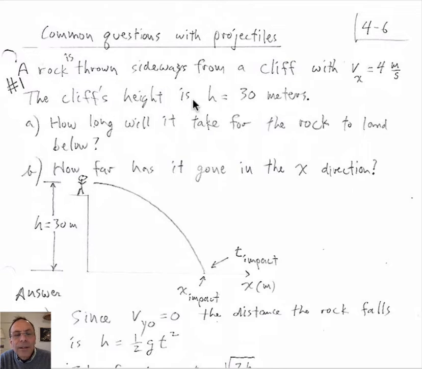The cliff's height is 30 meters, and we'll call it h. H is 30 meters. How long will it take for the rock to land below? So how long is it going to take for it to go from a height of 30 meters down to a height of 0 meters? And at the same time, how far has it gone in the x direction?